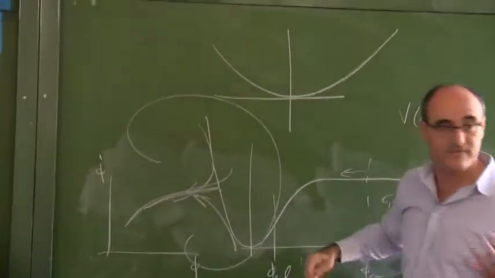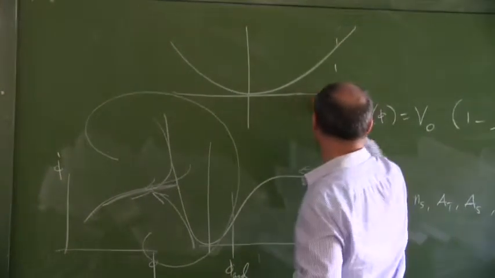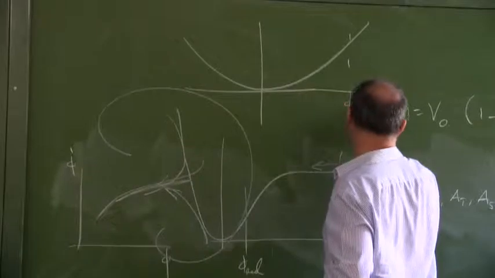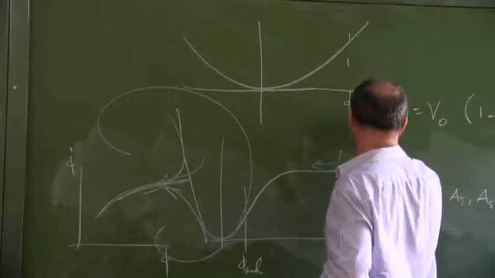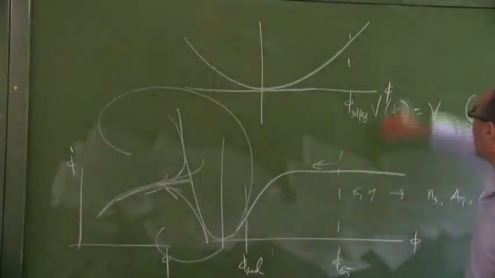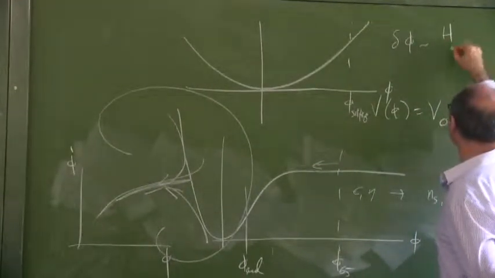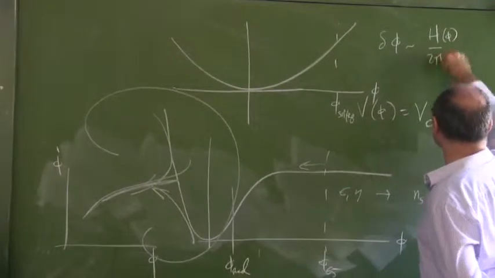I won't go into stochastic inflation within these lectures, but let me describe it very briefly. If you're at sufficiently large values, this is called the self-reproduction regime. Remember that delta phi is proportional to H, which itself is a function of phi.